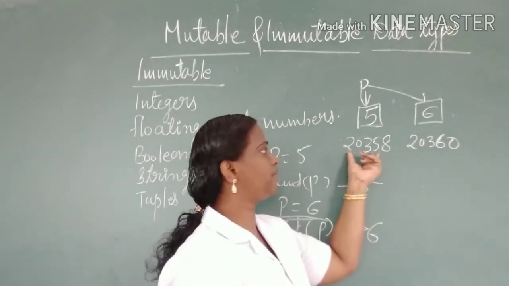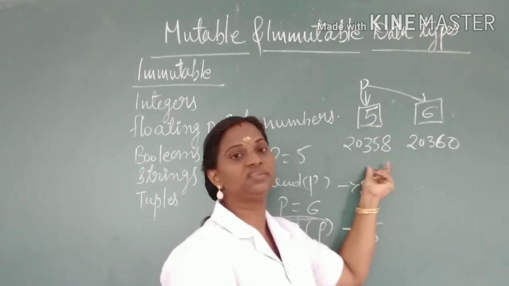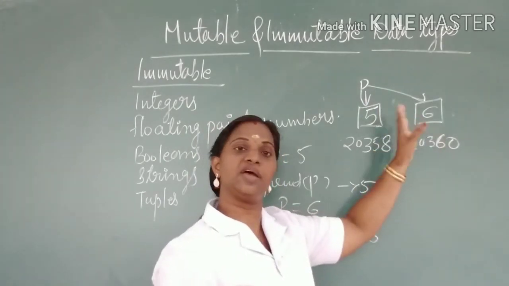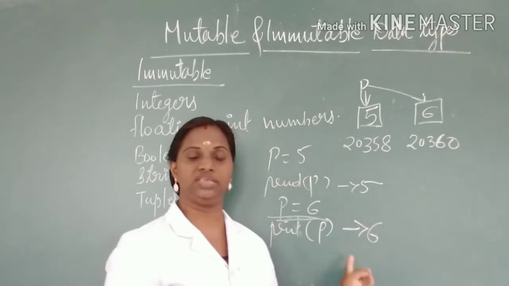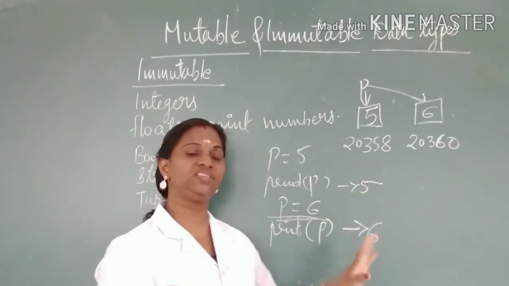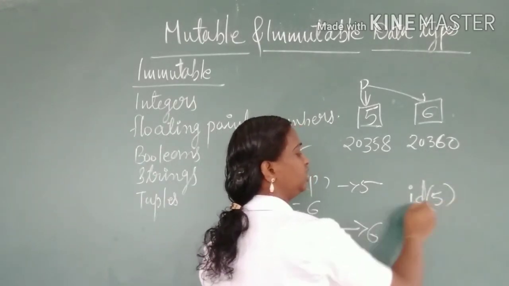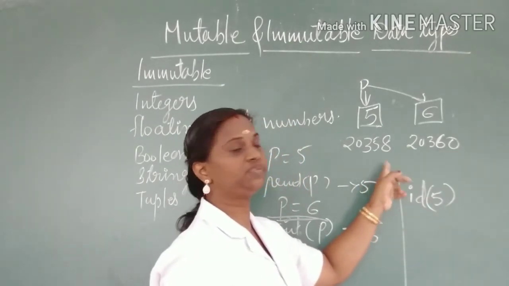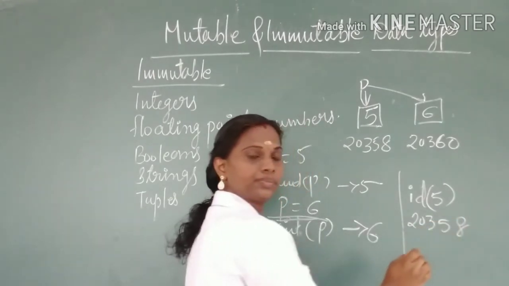That means this memory location still holds the same value. There is no change in this location's value. It just changes the reference to a location. That is all that changed. Clear? To get this memory location, when you use the id function, you will get this memory address 20358.